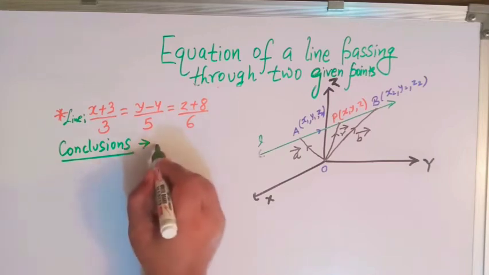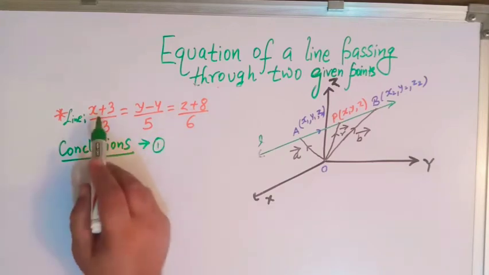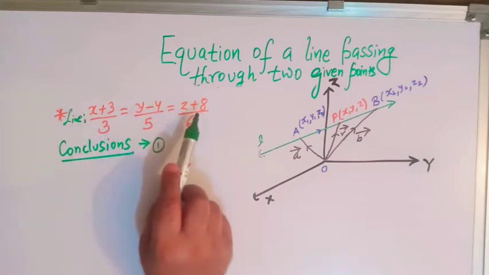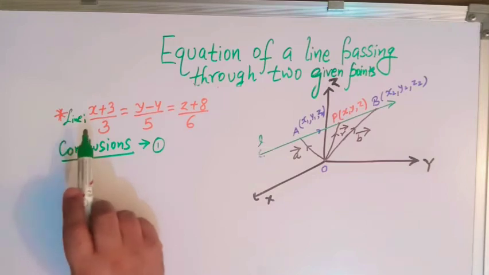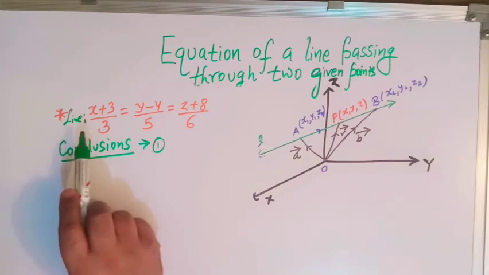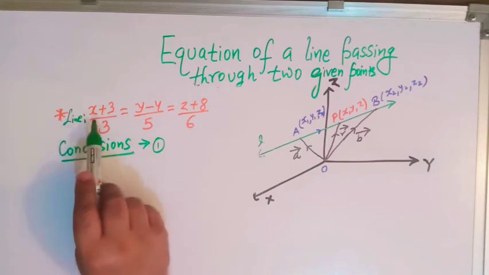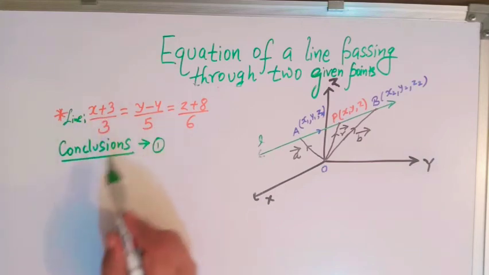So the first one is that find the point through which this line passes, or in other words, we can say find the point from where this line passes through.